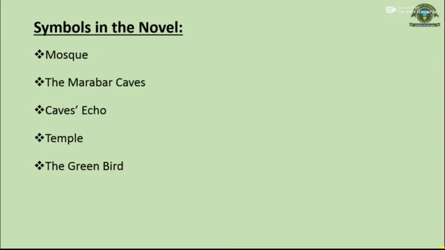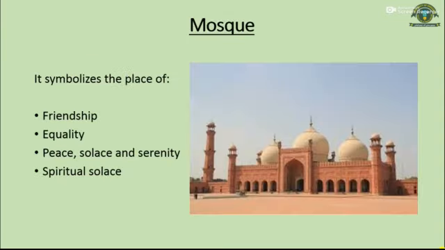The second is the Marabar Caves. Third, the caves' echo, the temple, and the green bird. There are other symbols, but these are the most important in the work. And let's move on. The mosque.